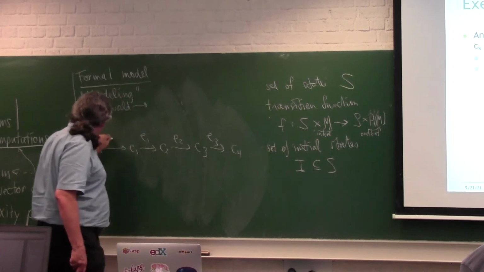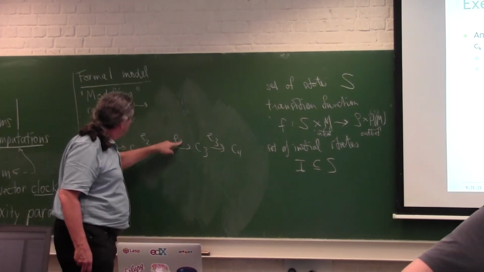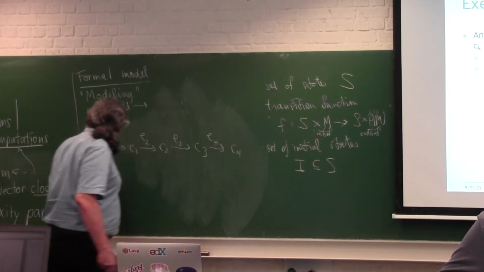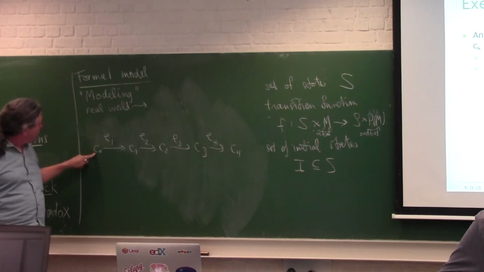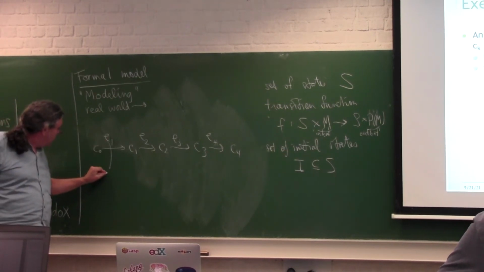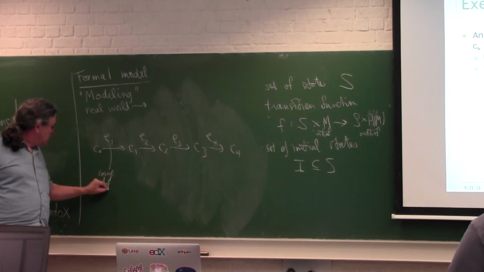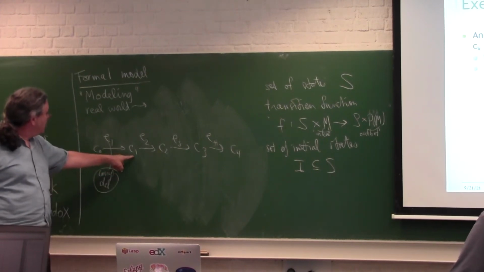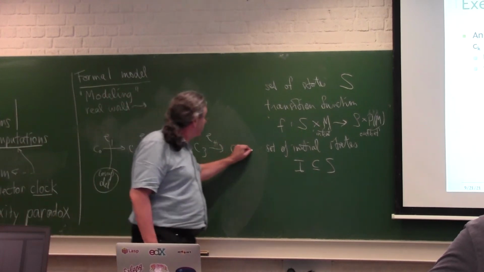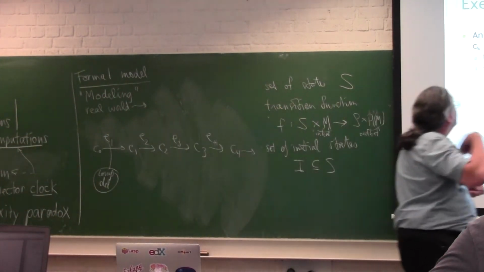Sorry, this starts with E1. So the C0 configuration, you have an event, E1, which is either comp or del. And then you get another configuration. And then you keep going like that. And it keeps going forever.